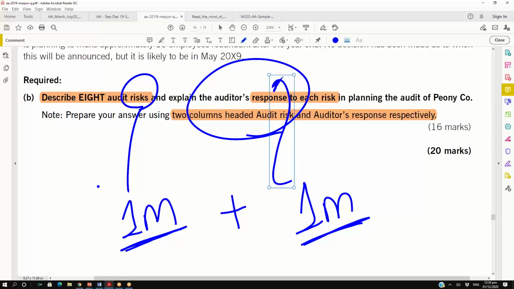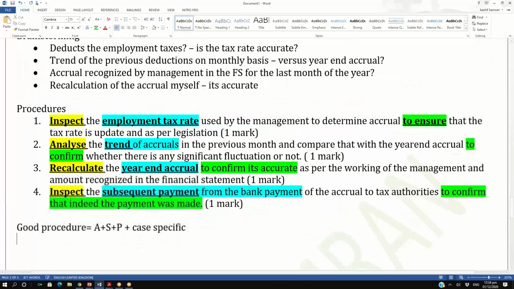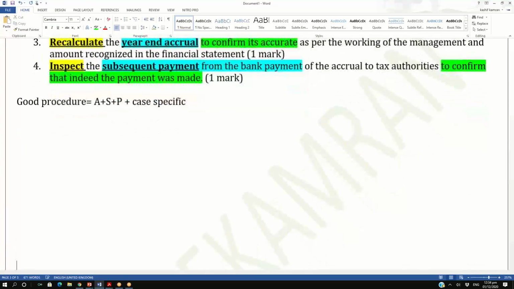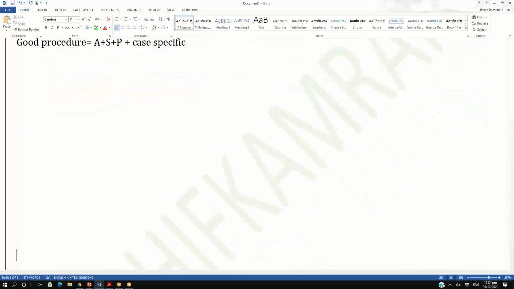Now, again, when you're writing the audit risk, a lot of times the problem with the students, which I need to address in my Word file particularly, is that they're very bad at one thing.